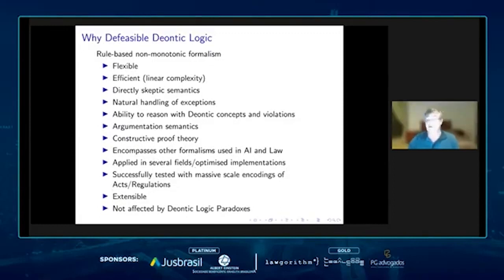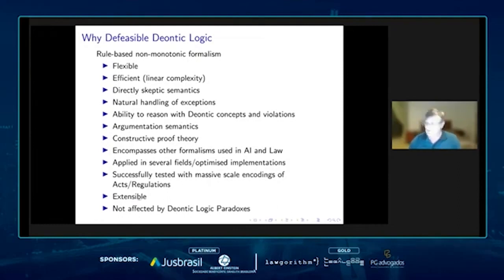We have shown that other formalisms often used in AI and law are just variants of the logic, with some differences. We have used it in different fields, and we have a couple of optimized implementations. The previous presentation discussed Turnip, one of the most modern implementations, though in some ways still partial. Also, as Alice mentioned, we've used defeasible deontic logic in several massive-scale encodings of acts and regulations.